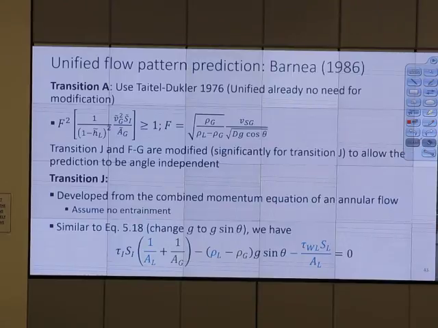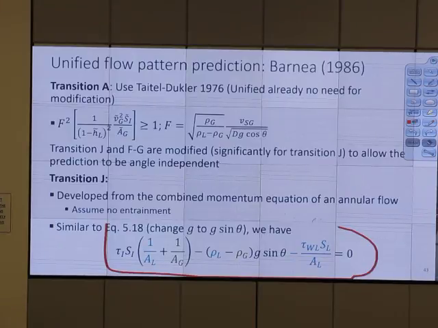If we have non-uniform film, it will give us error. It kind of works, but with more error if the film is not uniform. If the film at the bottom is thicker than the film at the top, this combined momentum equation is not perfectly valid. It is based on the assumption that the film is uniformly distributed.